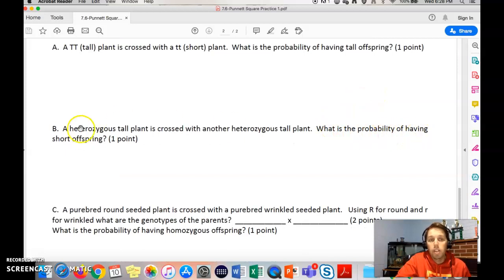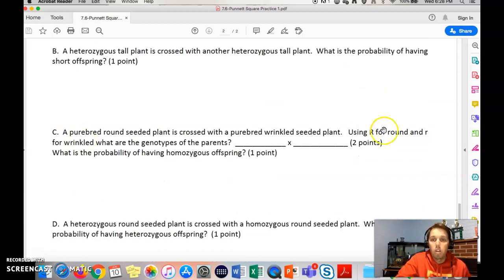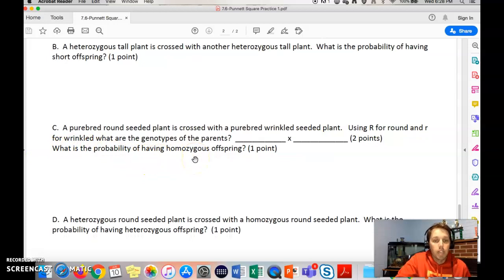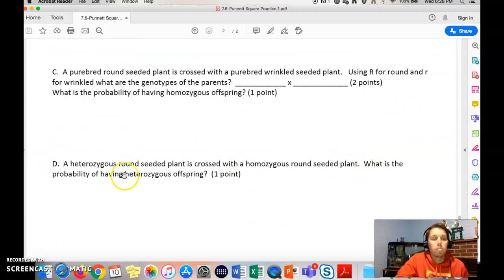What is the probability of having short offspring? What is the probability of having homozygous offspring? And what is the probability of having heterozygous offspring?